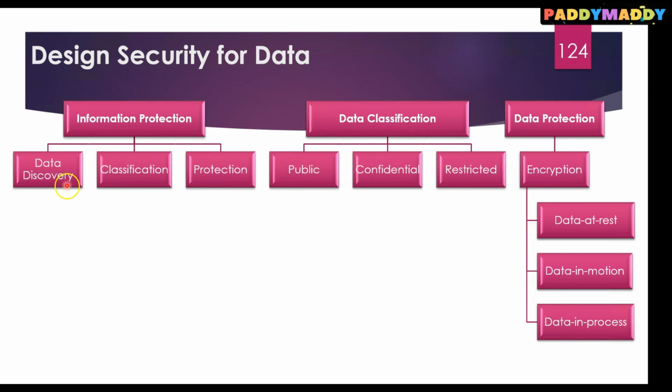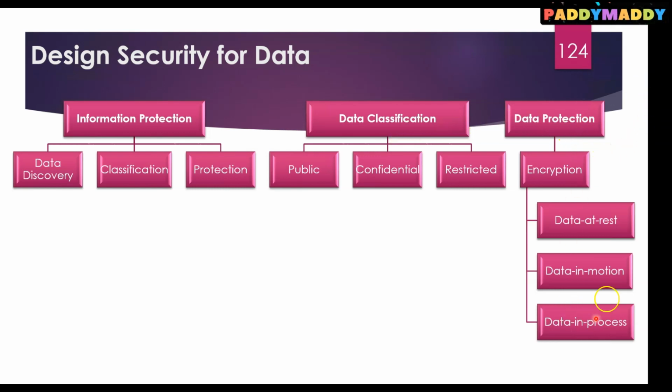So you first have to identify what the data is, what risk is associated with it, and its business impact and sensitivity. Then you need to classify the data into public, confidential or restricted, or customer data, whatever it is. And then you need to think about how you're going to protect it. For protecting your existing structured data, you could use encryption.